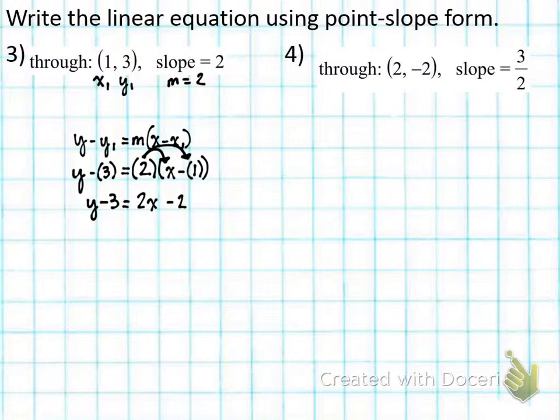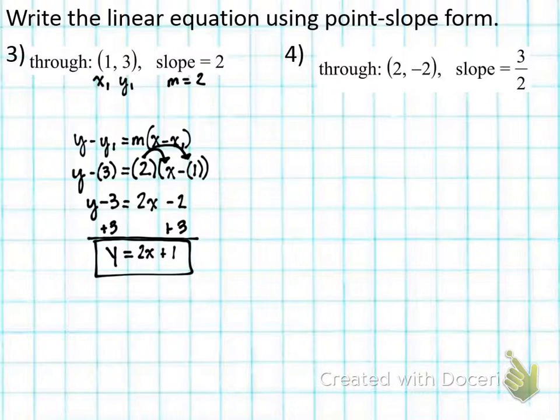Tell him what you would do next to finish it up. Okay, what are we doing, everyone? Add 3 to both sides, right? So we got y is equal to 2x plus 1. And that's it. That's number 3.